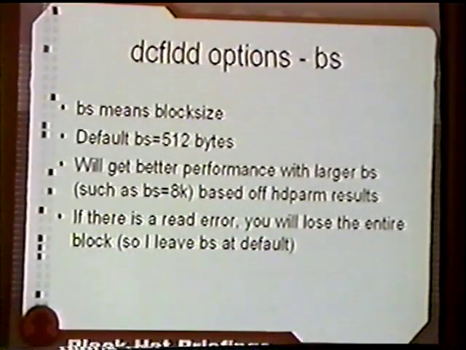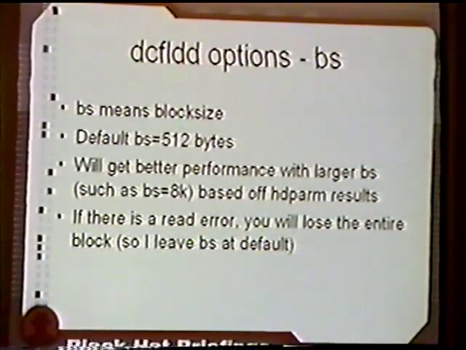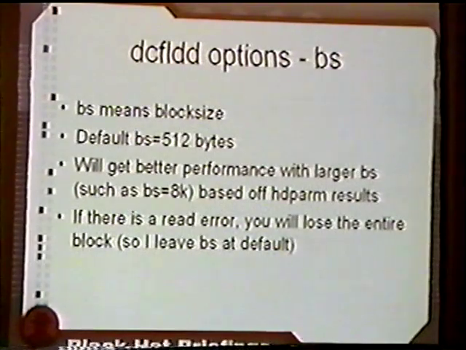You can look at the hdparm results and see how many multi-sector reads it can do. 8K is a fairly decent amount. But the problem is if you have a read error, you lose the entire block. It will just zero out the entire block that you try to read. So one bad sector can end up costing you 8K of data that you've lost. So I usually just leave it at the default.